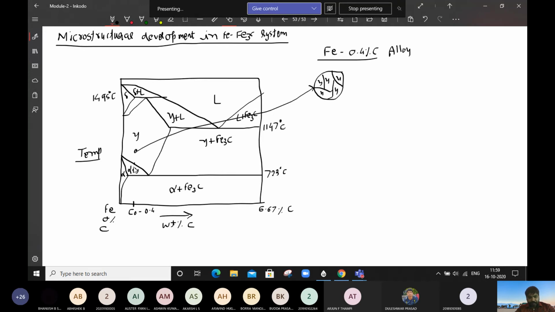If I ask you what the microstructure is at this point, it will be like this. Gamma will be there, and let me show with another color.